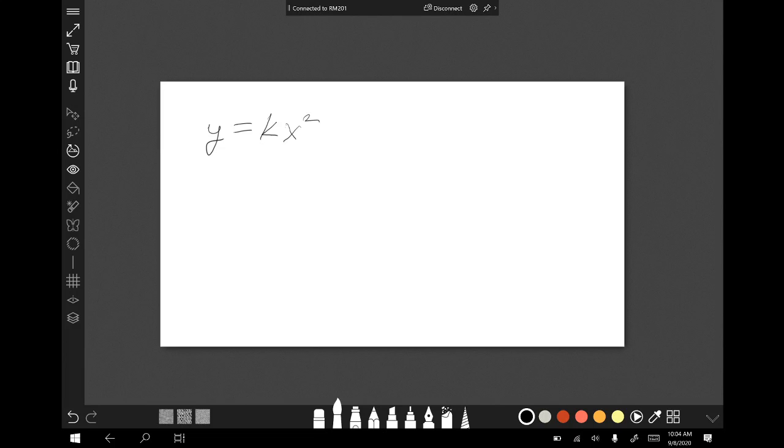Now, I don't know if they would, but just in case they give you the constant, they might say if k is known to be 2, and they give you, let's say, x is 4.